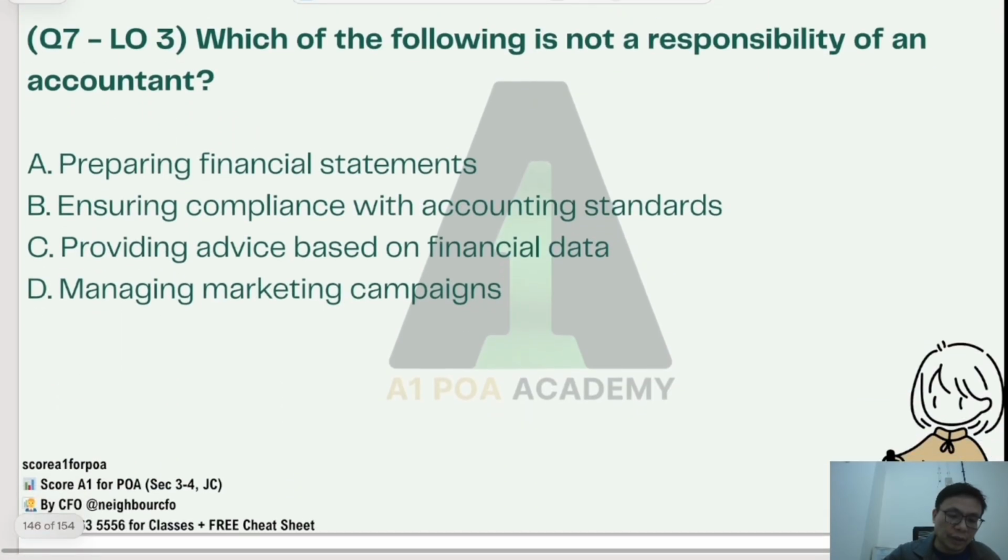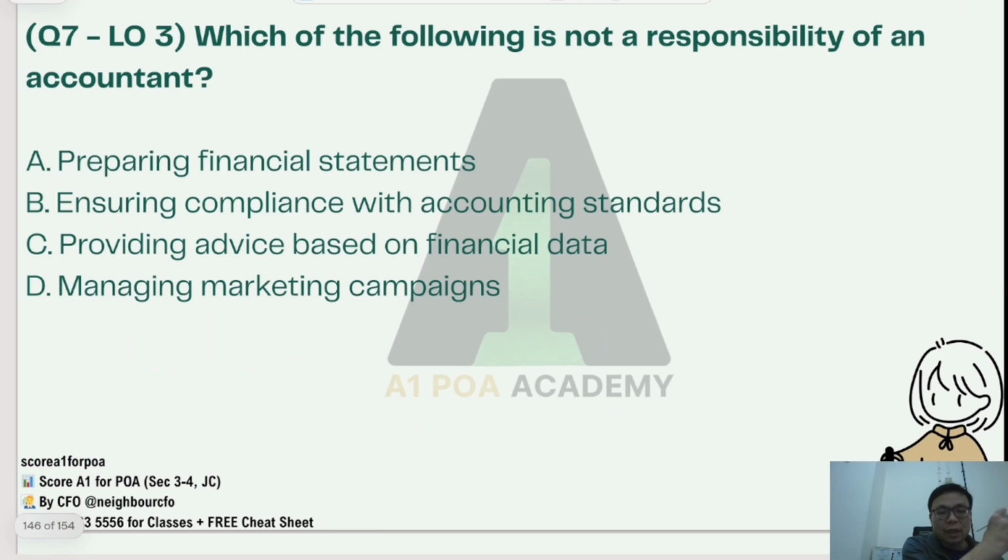Next, we come to question number 7. Question number 7 asks, which of the following is not a responsibility of an accountant? Remember, the question is asking, not a responsibility of an accountant. Over here, we have preparing financial statements. Yes, this is the responsibility.